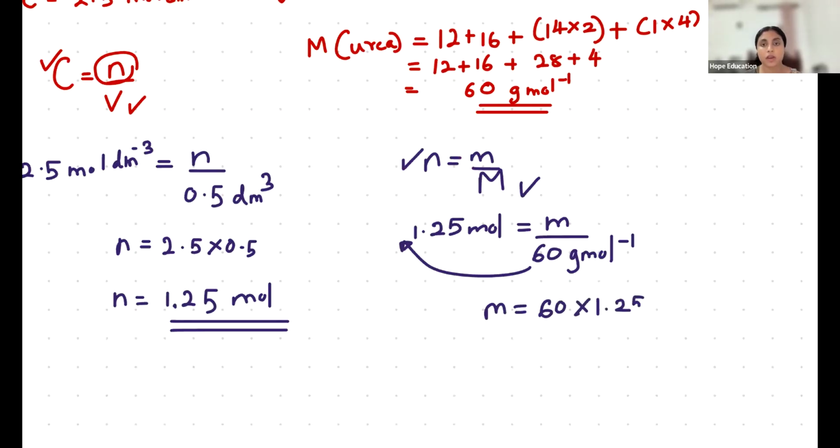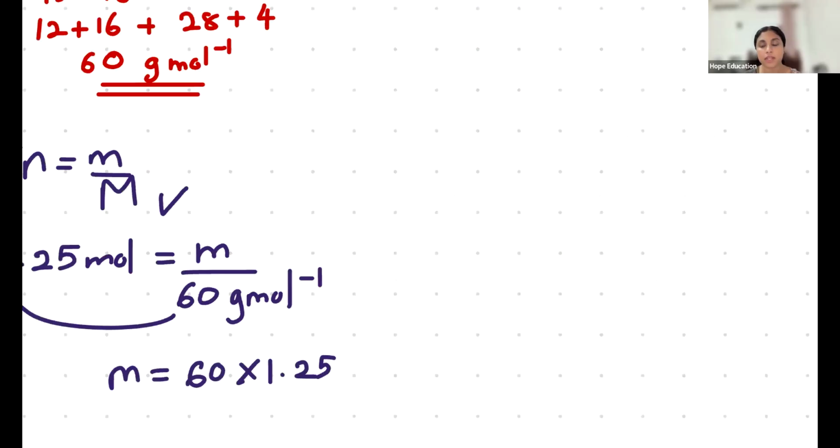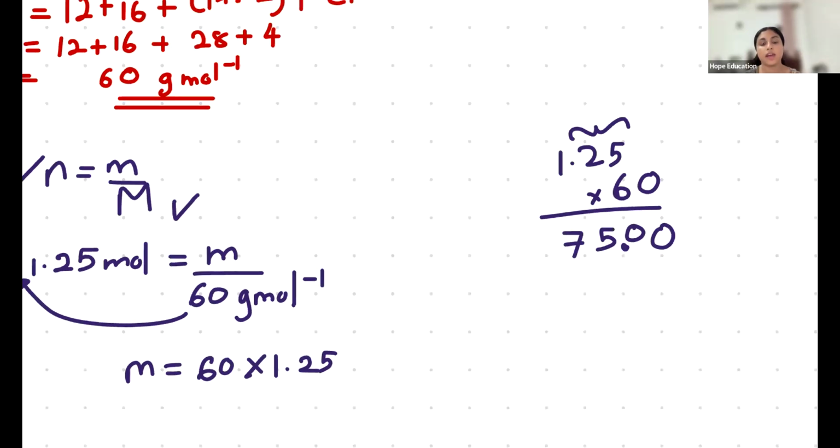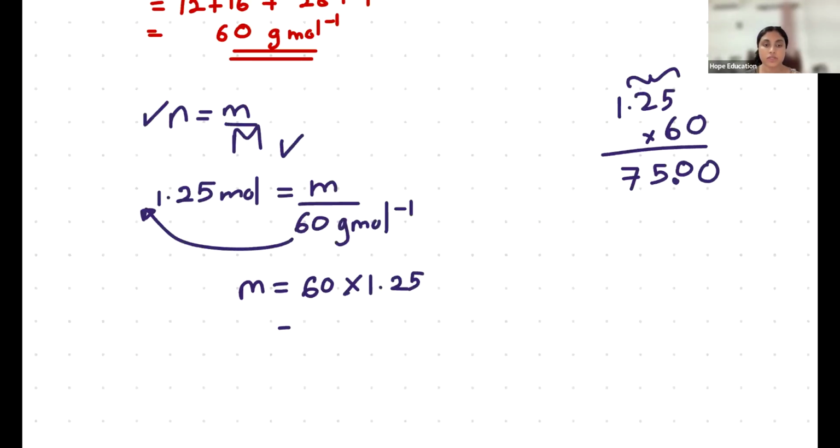We'll see. 1.25 multiplied by 60. Removing the 0, multiply just by 6. 6 times 5 is 30, 3 remaining. 6 times 2 is 12, plus 3 is 15. 1 remaining. 6 times 1 is 6 plus 1, 7. I hadn't written one 0 here, so I'm putting that 0 in here. Here there are 2 decimal places, so I'm going to keep 2 decimal places. So yes, I get the answer as 75 grams.